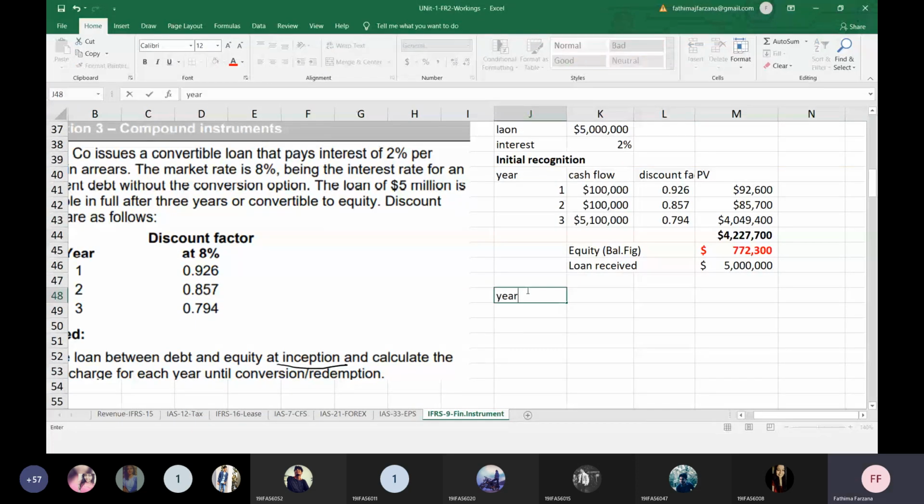So, year as usual, then balance brought forward. Then I'll be having interest at the market rate. Market rate is 8% in this problem. Okay.